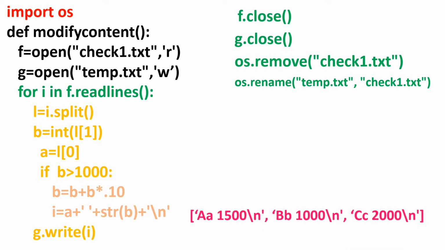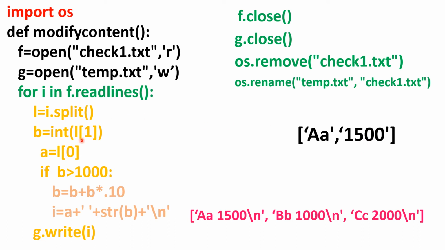Now after storing all the data, i will fetch the data present at the 0th index of the list, and then i.split will split this data into two parts in another list L like this. Now index 0 of L contains the name and index 1 contains the salary.